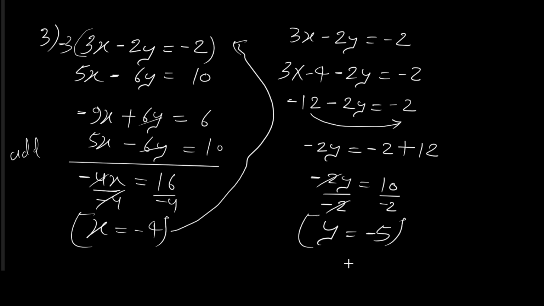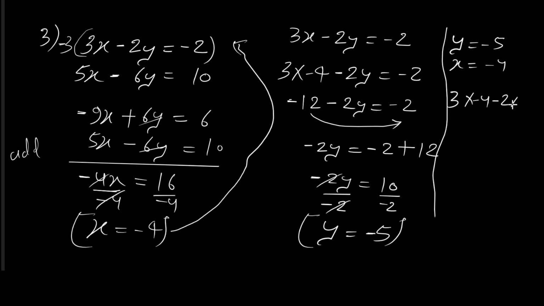To verify that our answer is correct or not, let's plug these values into any original equation. So we have y equals negative 5 and x equals negative 4. Let's put it into the first equation. So 3x means 3 times negative 4, negative 2y means negative 2 times negative 5, equals negative 2.